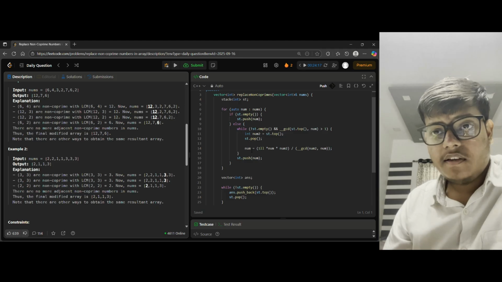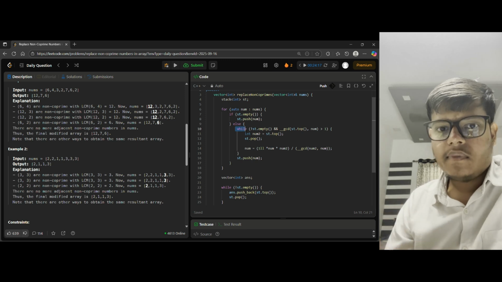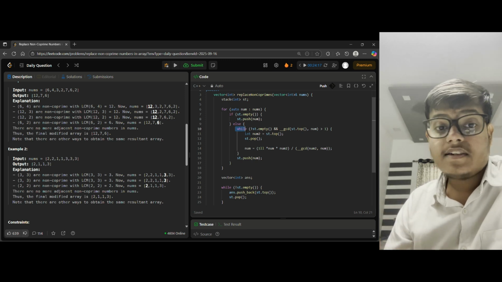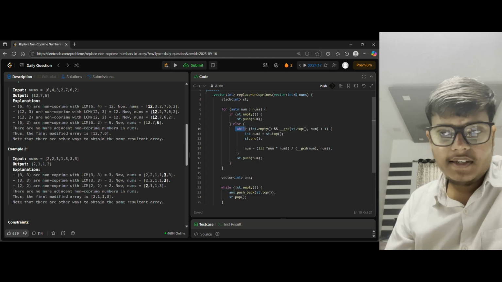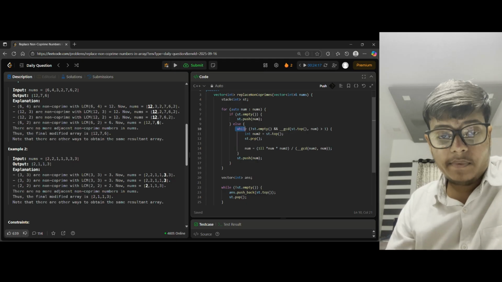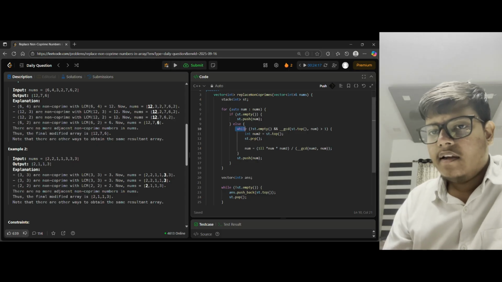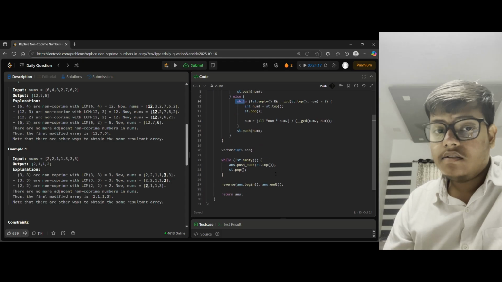So in this way we are going to do this, and you can see I have used a while loop to continuously check two conditions: the stack is not empty and GCD is greater than 1, which means they are not coprime. Now I am taking an answer vector to return the result.